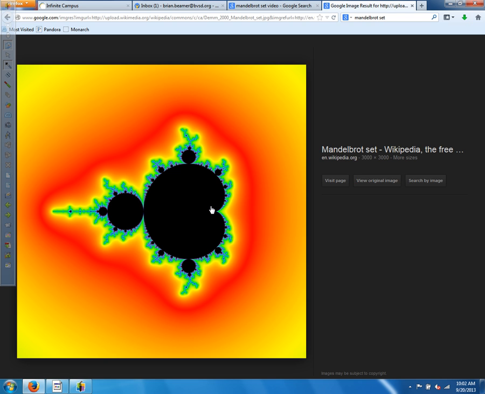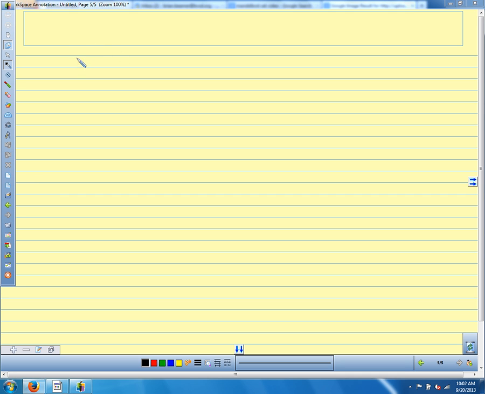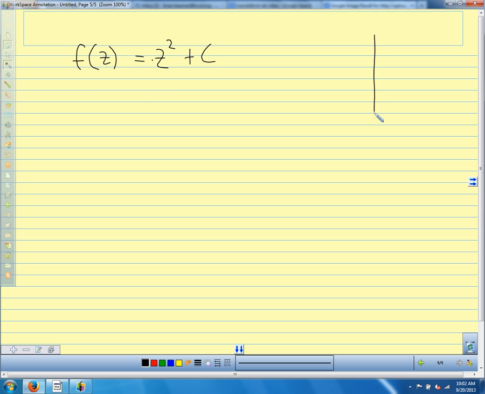So the way the Mandelbrot set works, the way it comes about, is with complex numbers. So what we do with the Mandelbrot set is, the Mandelbrot set is a function where we plug in complex numbers. So z is a complex number. We pick a point in what we call the complex plane.